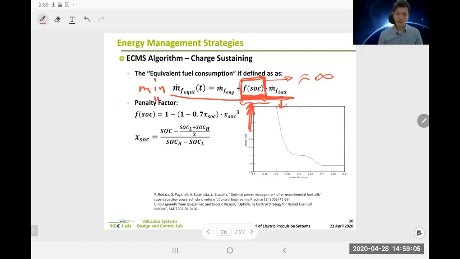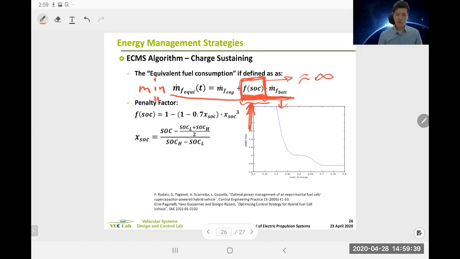We want to maintain state of charge near 50%, which is efficient and healthy for the battery, okay? And we also need a buffer on the upper side and lower side. So 50% is usually a good middle point, okay? And to do that, we need some sort of charge sustaining algorithm.